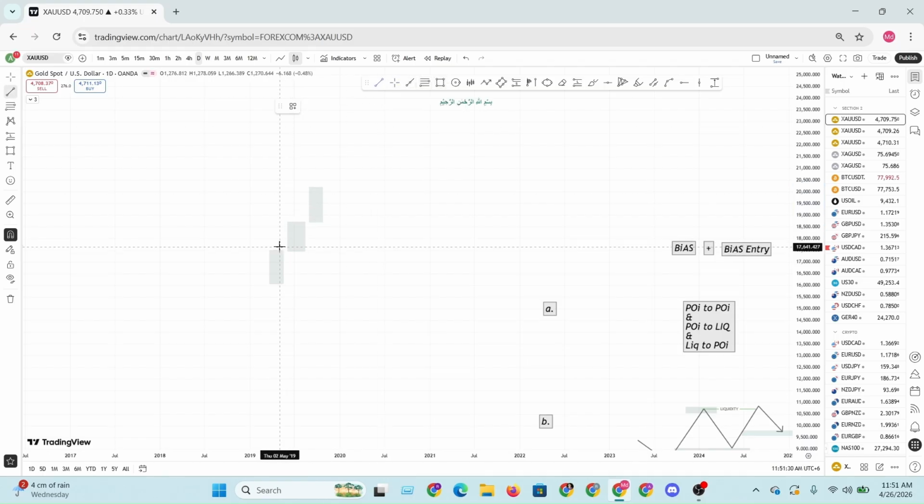The gaps between these two candles, let me mark a week also.